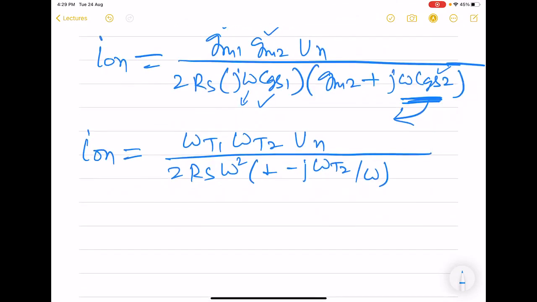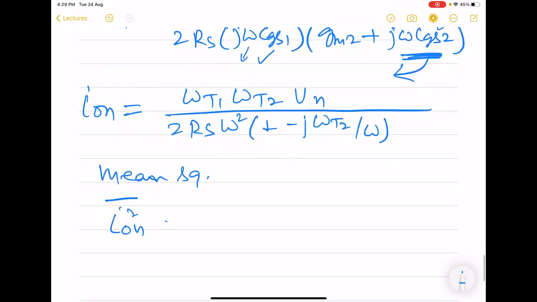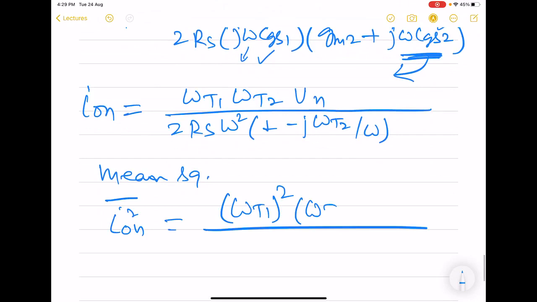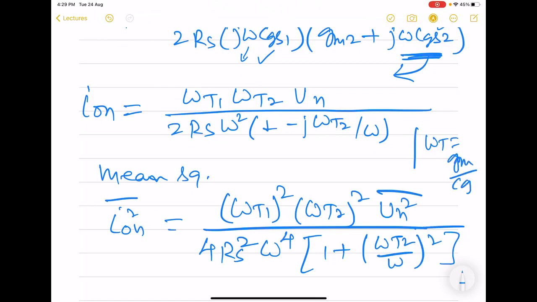Now, if you see the mean square, this is what we will be using actually. This is going to be IUN mean square, equal to omega T1 whole square, omega T2 whole square, Vn mean square over 4 RS square omega to the 4, 1 plus omega T2 by omega whole square, where omega T is Gm by CGS.